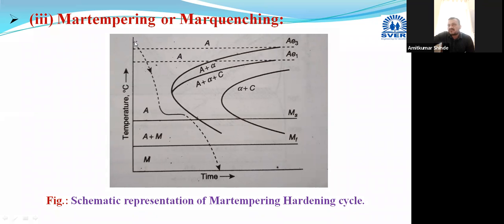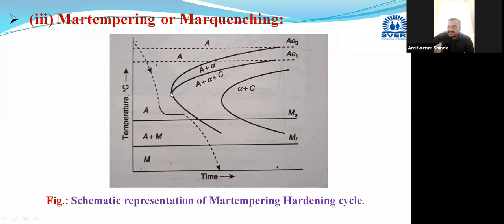Then we cool the sample, initially at a somewhat faster rate in water, in this first stage, up to a temperature just below the nose temperature, the nose of this TTT diagram, and above the MS temperature, the martensite formation start temperature.